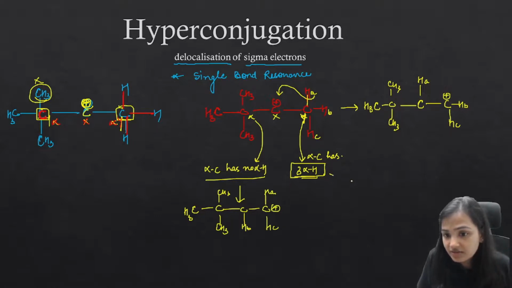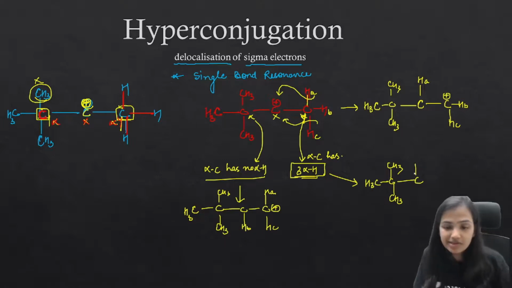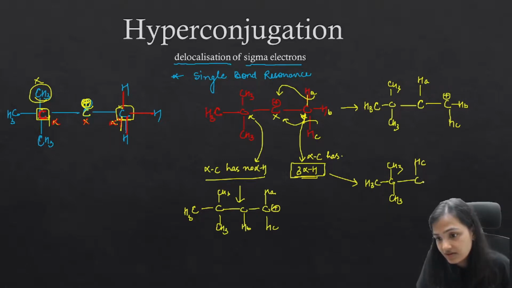And if HC resonates, then the neighbor comes to take care of you. HC will resonate, HA will remain here, HB will remain here, and we will get a positive charge.